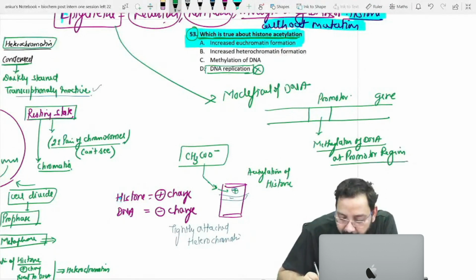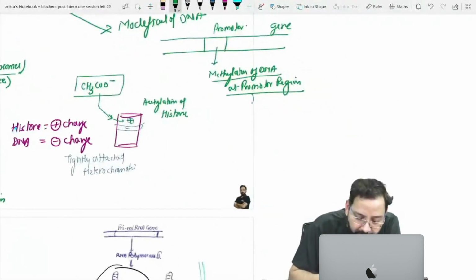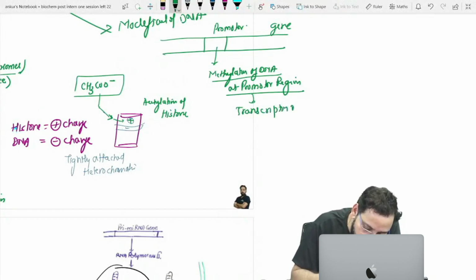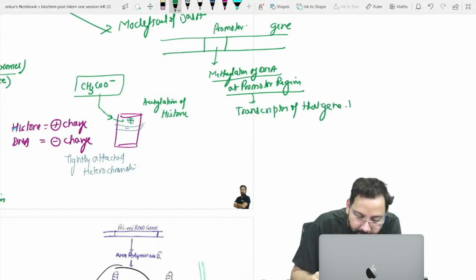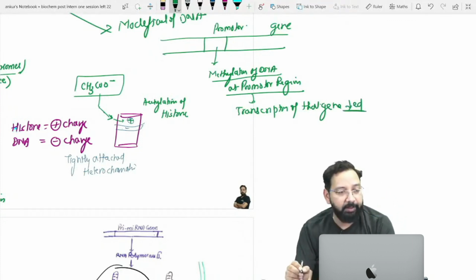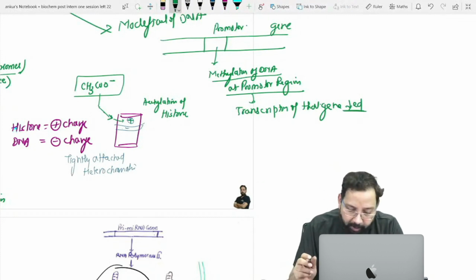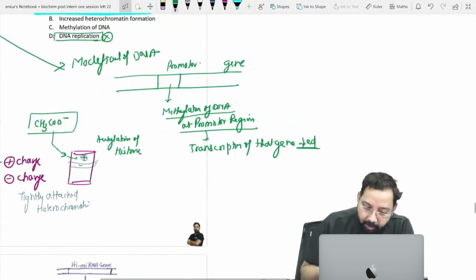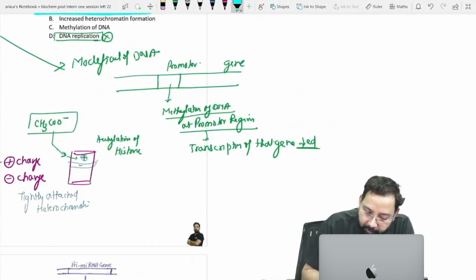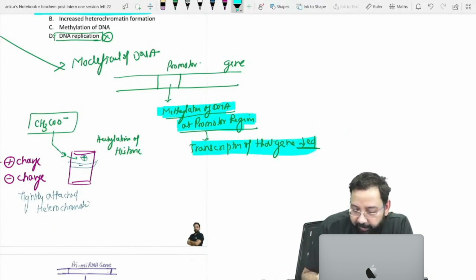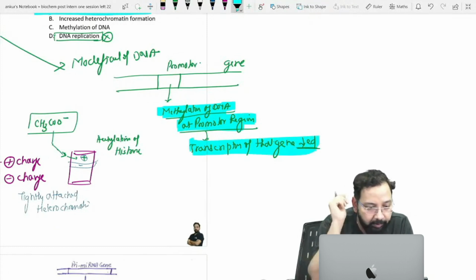If I do methylation of DNA at the promoter region, then transcription of that gene is decreased.